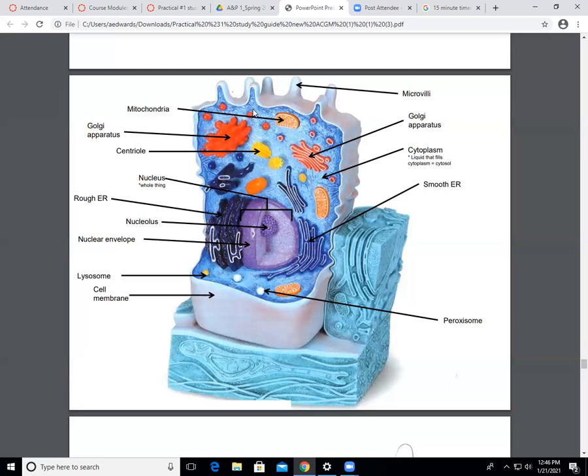Okay. Now, what else do we have? Mitochondria. These look kind of like orange slices, but what they do is make energy in the form of ATP. We'll learn more about ATP in lecture, but we learned about chemical bonds and energy being in chemical bonds.